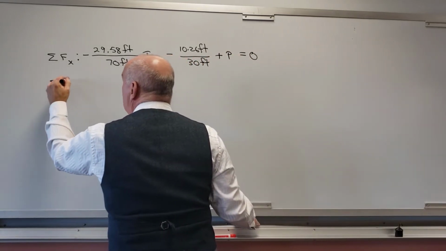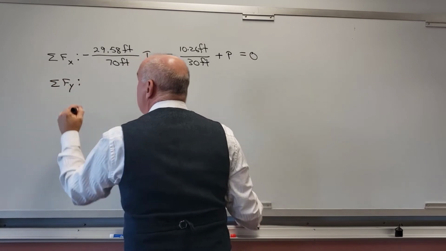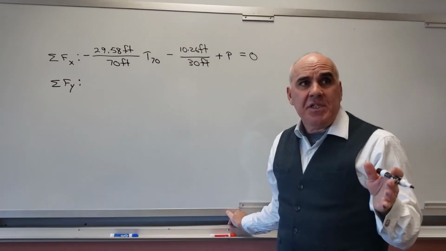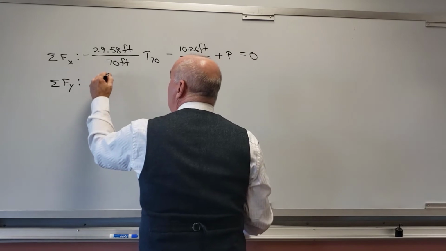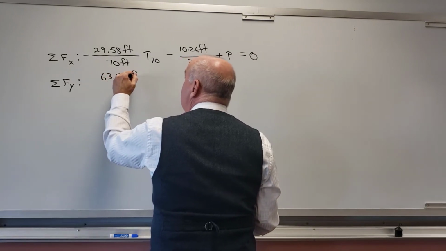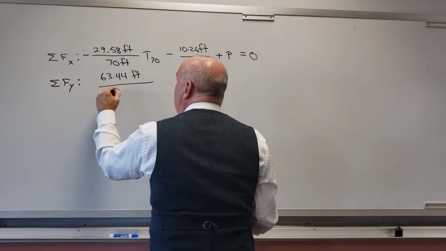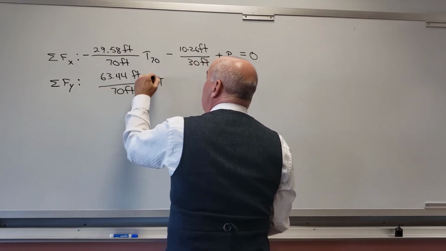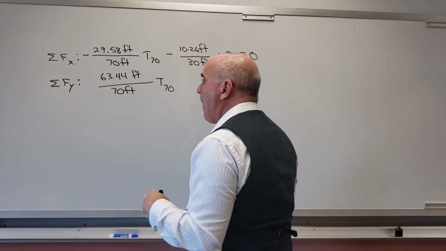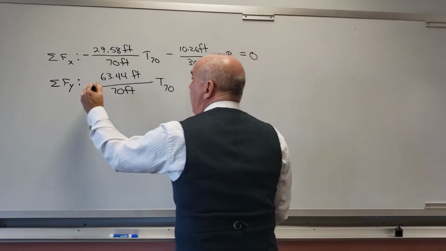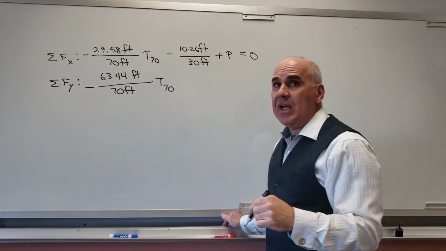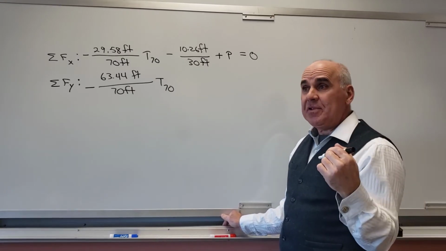And then the sum of the forces in the y direction. I had 63.44 feet for R70. I'm going to divide that by 70 feet and multiply by T70. And that's down, so I've got to put a negative sign out there, because it's in the opposite direction.